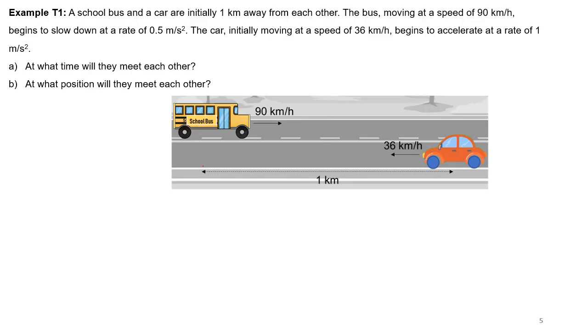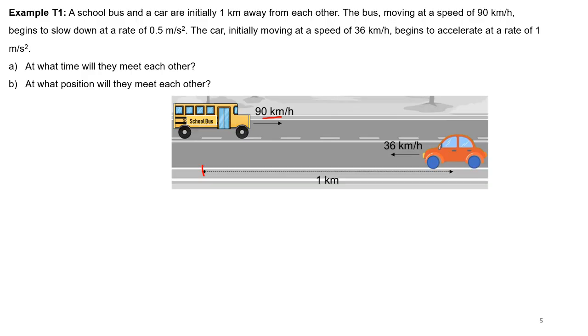The moment when the distance between the car and the bus is 1 kilometer, that point of time the bus driver is applying brake. So this 90 kilometer per hour we will have to convert to meter per second. The car initially moving at a speed of 36 kilometer per hour begins to accelerate.